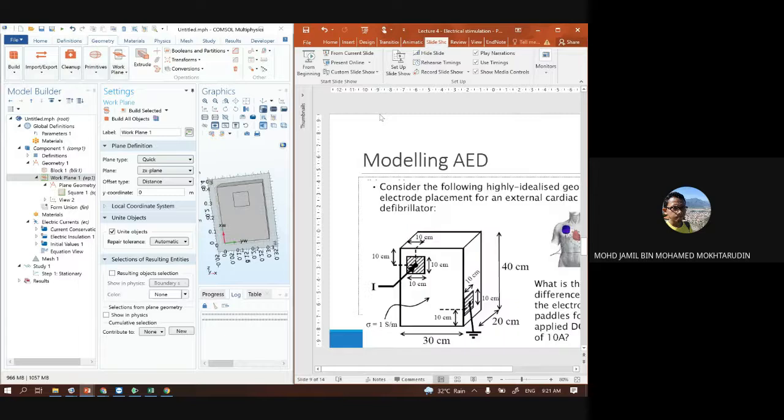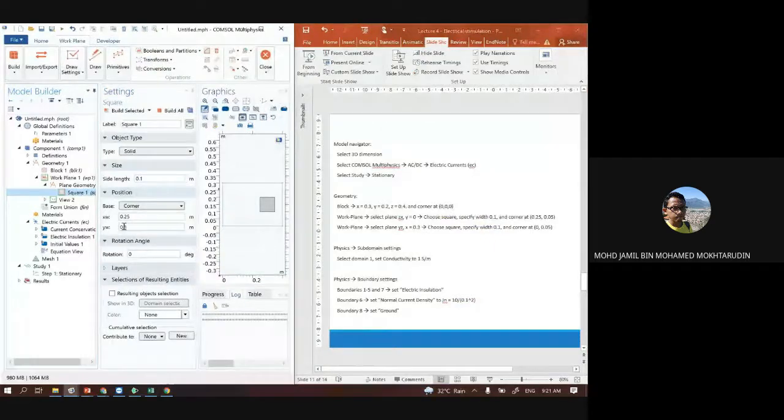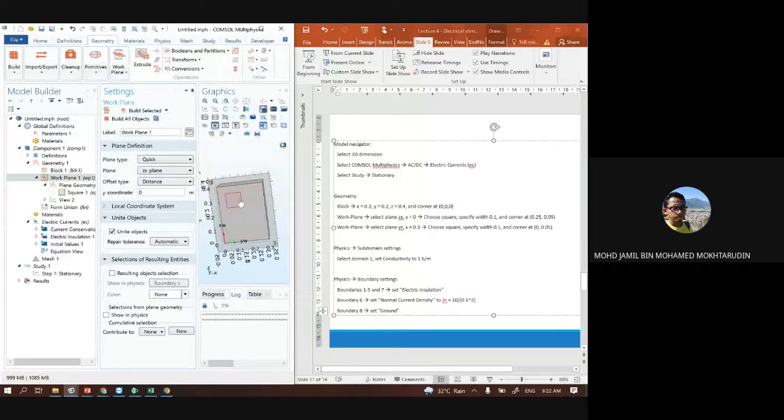No. Wrong. Okay, so it's measured at corner. So this corner, you need to bring it up 0.05. Okay, here is right. I read it wrongly, sorry. Okay, so after you draw, then you get the right position.